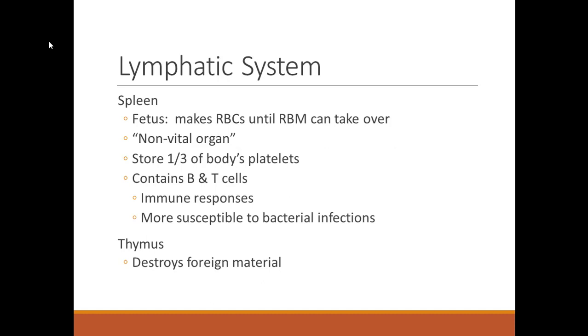So the spleen is actually considered a non-vital organ. It's useful, but it is not needed. The body will compensate if it has to be removed due to a trauma or something, a splenectomy. The body will make up for it.